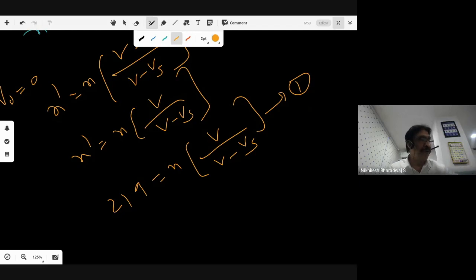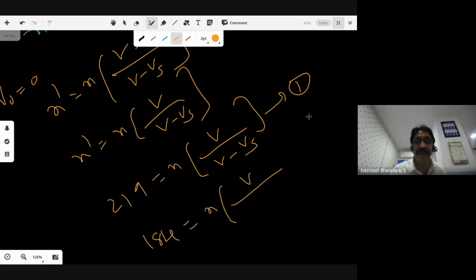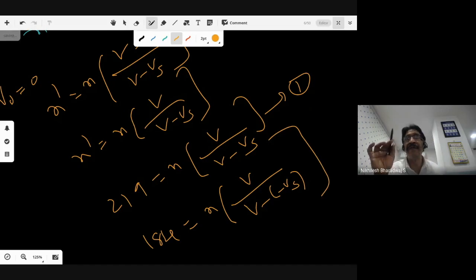Stationary observer means V naught is equal to 0, as we already took. Now instead of 219, we have 184 equal to n into V by (V minus of minus Vs). Why minus of minus?